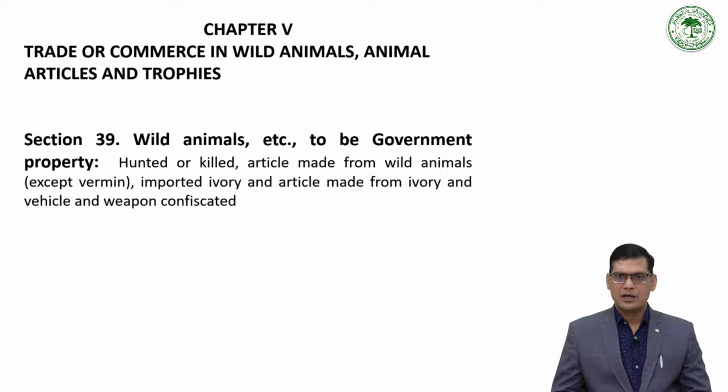Section 39 of this chapter states that wild animals other than vermin, which are notified by the central government, also wild animals which are found dead or killed by mistake, trophy or uncured trophy or other animals, articles or meat derived from the wild animals, ivory imported to India or any article made by such ivory, any vessel, weapon, trap, tool used to hunt the wild animals in the zoo shall be property of the state government.